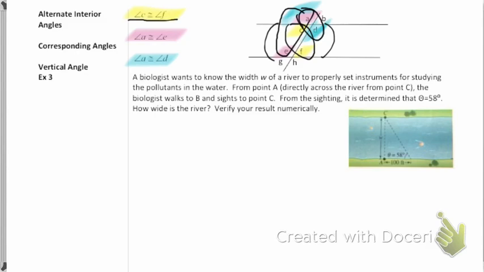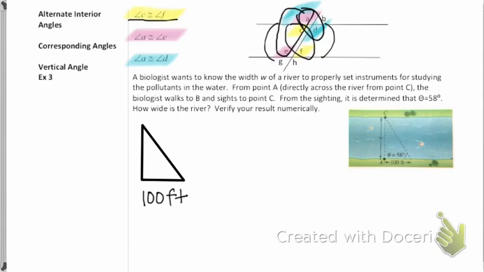So in the drawing, let's make a triangle first.